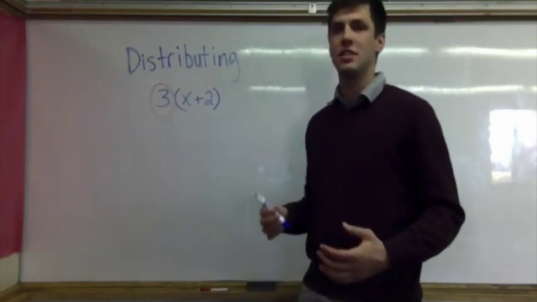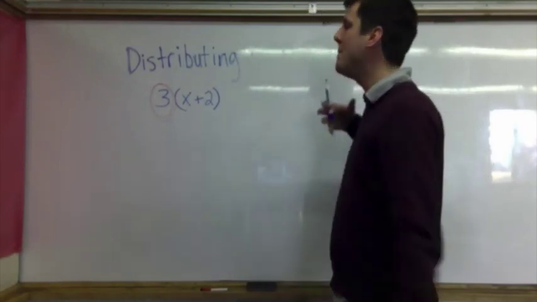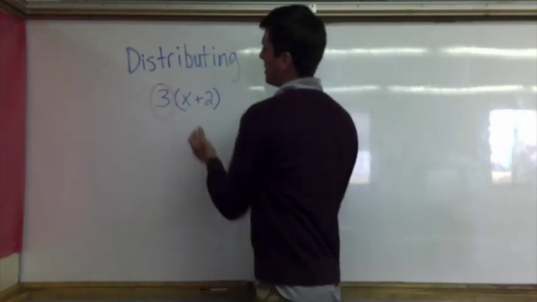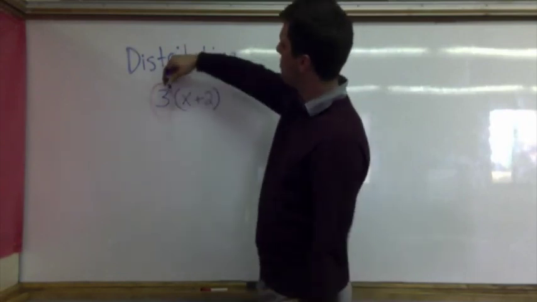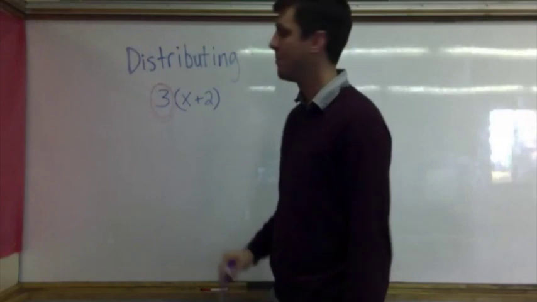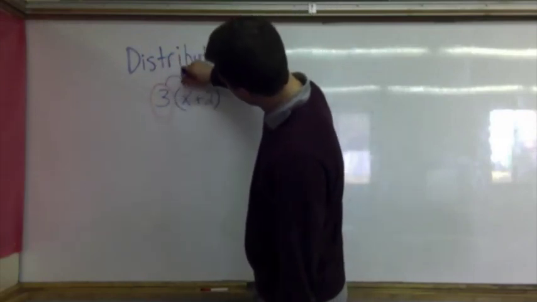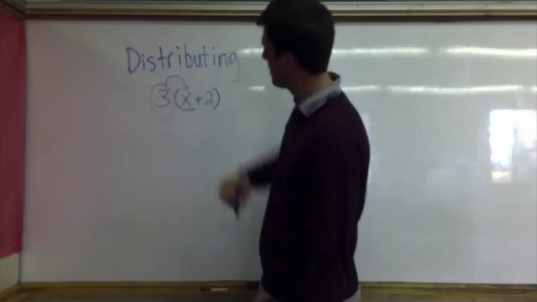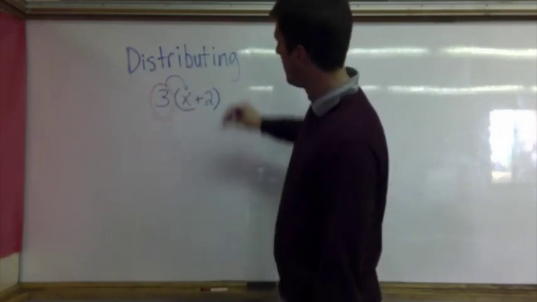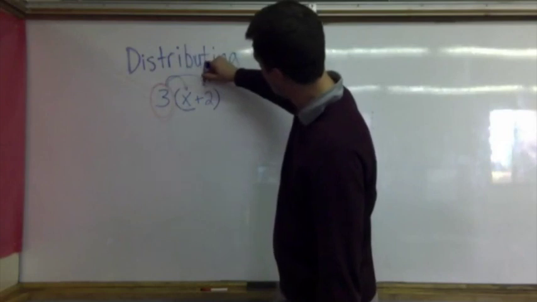Now, what is distributing? When I say that, what do I mean? Distributing is when you take this number being multiplied by the grouping and you distribute it to every single term within that grouping. Here's a term, x. So we will distribute it to the x. And then here's another term, 2.